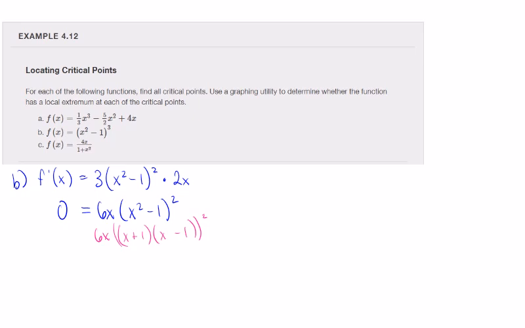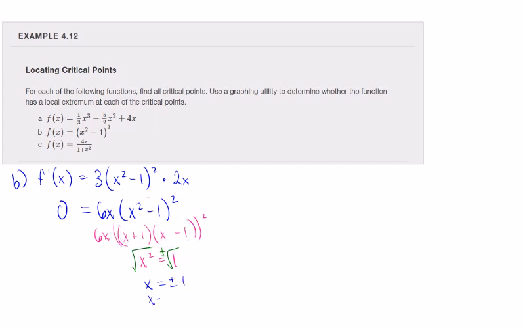Or the other thing you can do is just set this equal to 0 and solve. Right. And so if you were to solve that, you would take the square root of both sides, and then don't forget the plus or minus when you take the square root of both sides. And so you'll end up with x equals positive 1 and negative 1, right? Plus or minus 1. And that's the same thing you'd get if you factored, right?